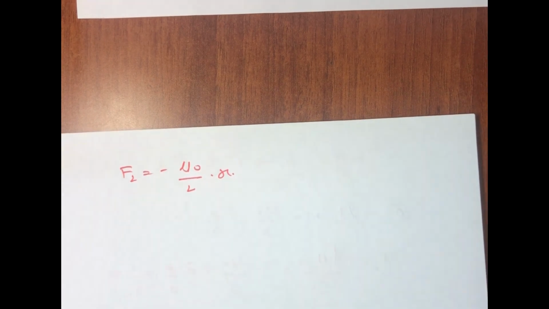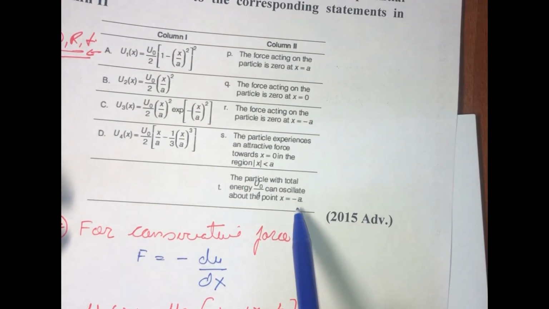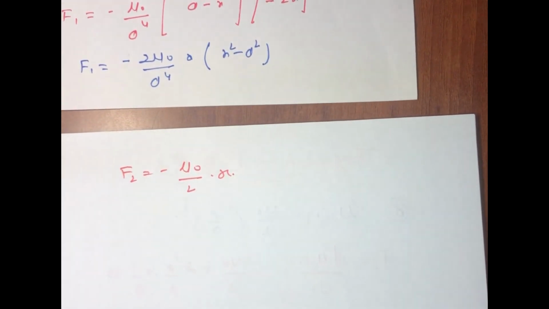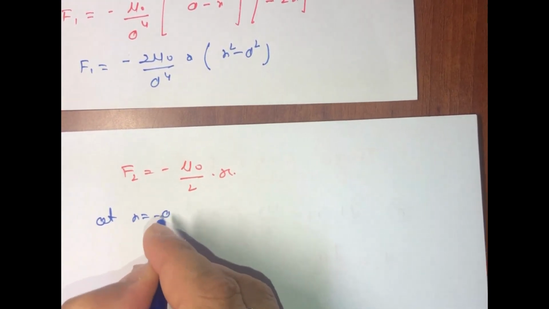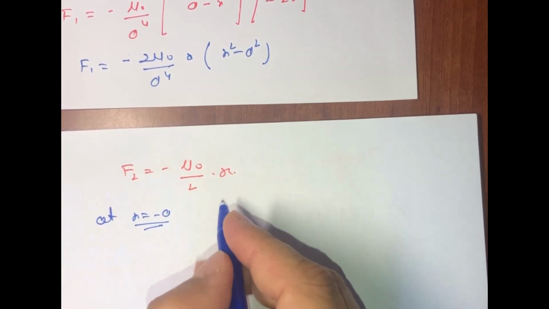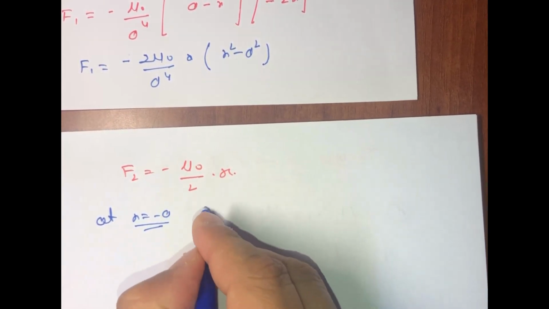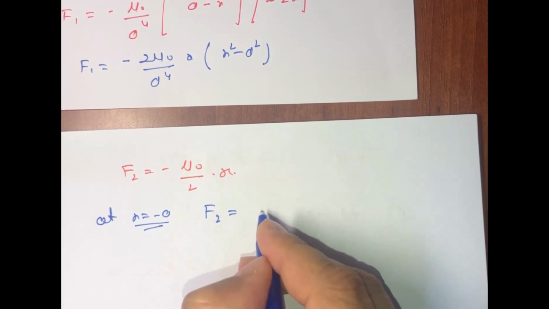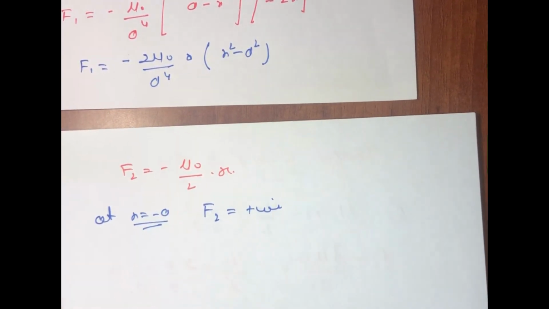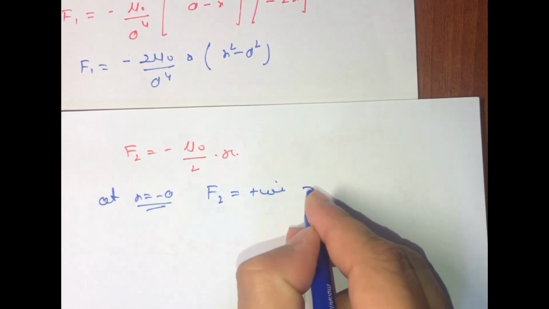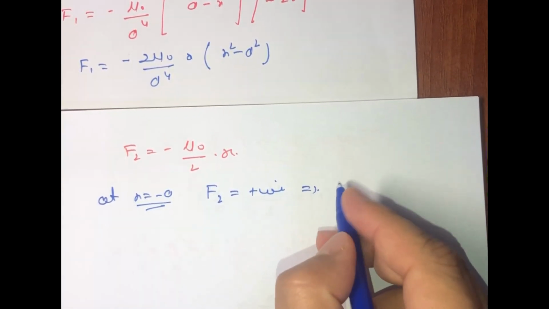So we find out about x is equal to minus of a. You can say at x is equal to minus of a, we get F2 will be coming as positive. So therefore no oscillation possible.